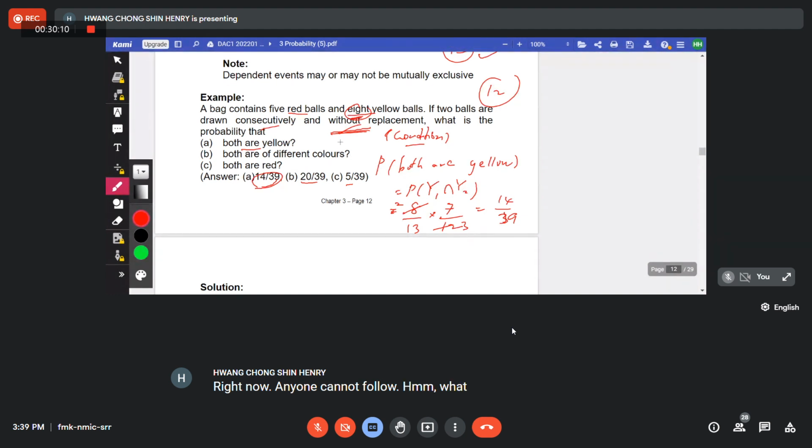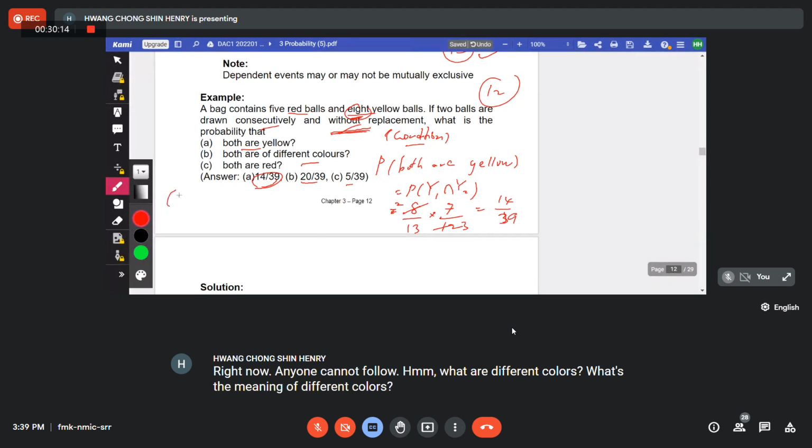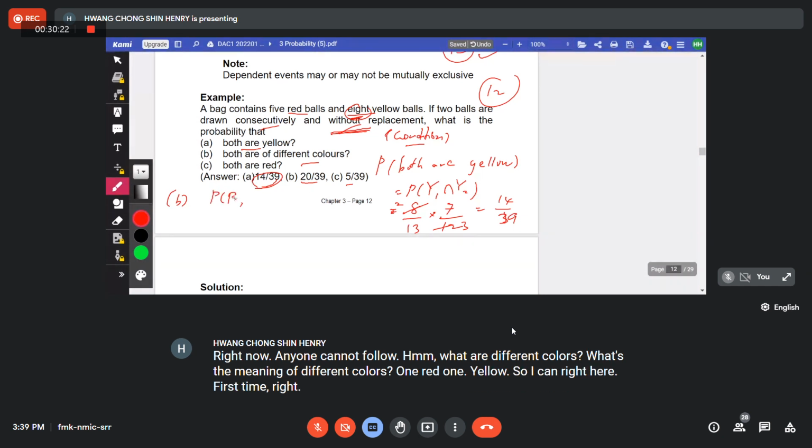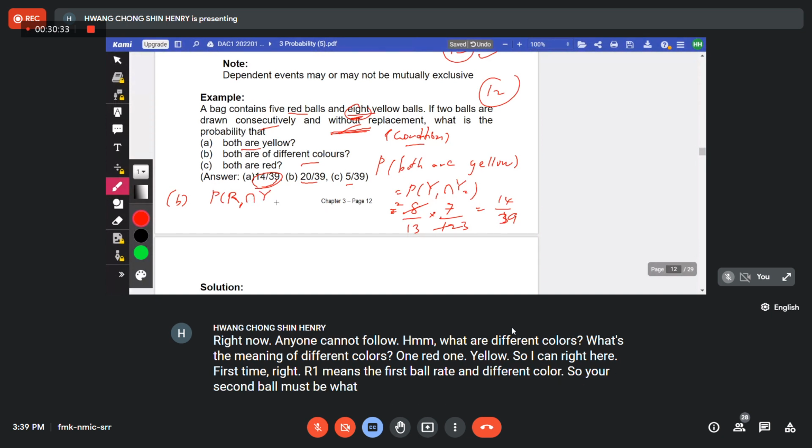Both are different colors. What's the meaning of both different colors? One red, one yellow. So I can write here, first one red. R1 means the first ball is red. And different color, so the second ball must be what? Yellow. So I write here Y2.